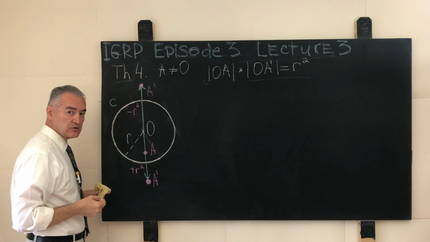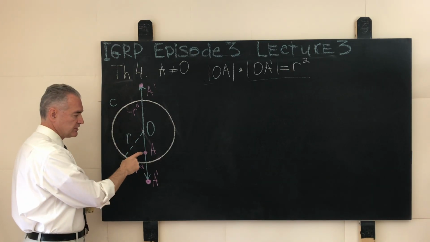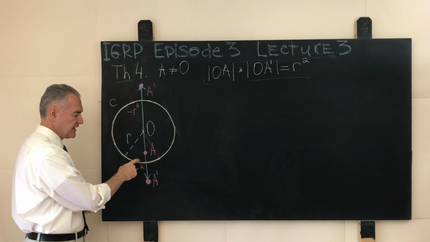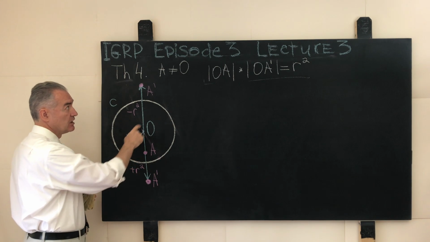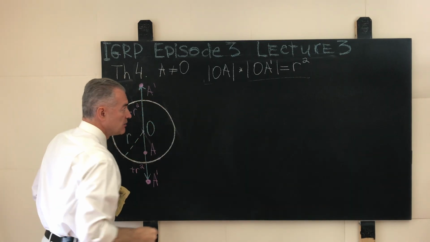Algebraically, the verbal requirement that the point A is located strictly inside of the circle of inversion and is distinct from the center of inversion means what?